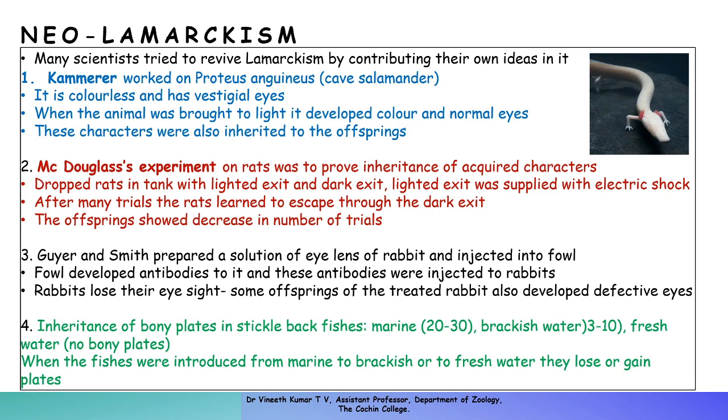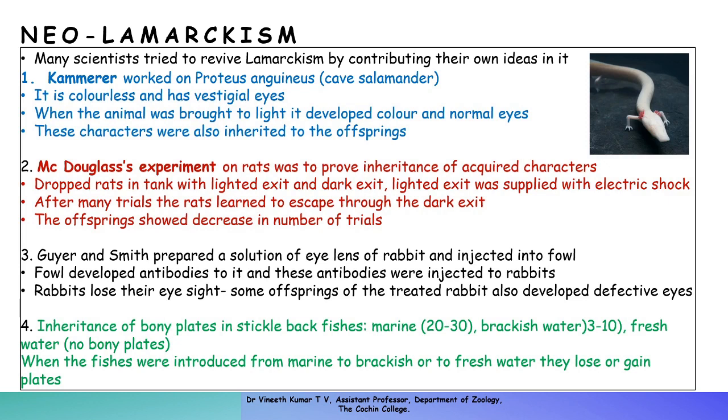A rat usually, in the first trials, moves to where the light is and tries to move out of that exit. He placed electric shocks in the lighted exit, so that in the first few trials the rats moved to the lighted exit, but after they realized there was a shock, they avoided it and moved to the darker one.